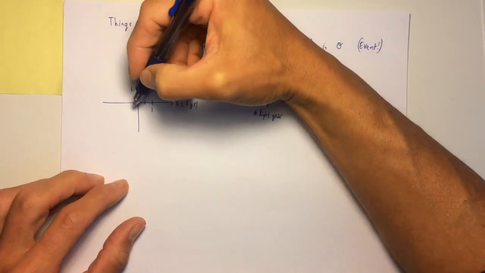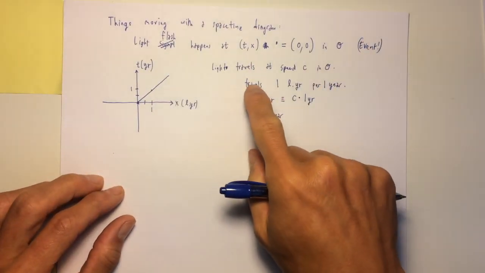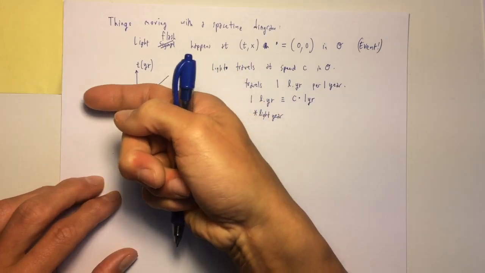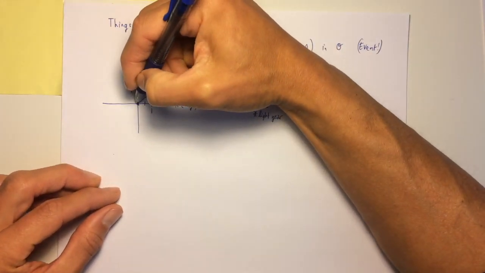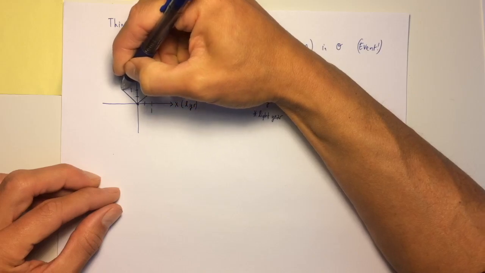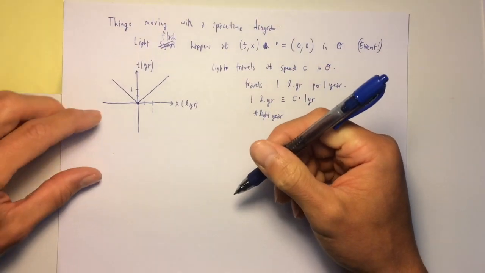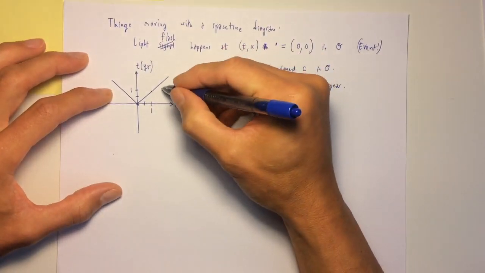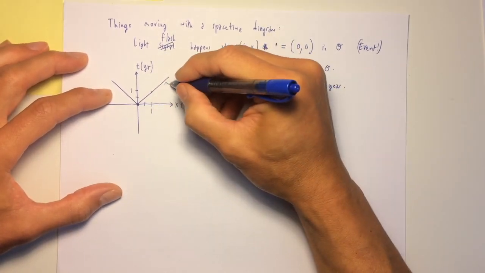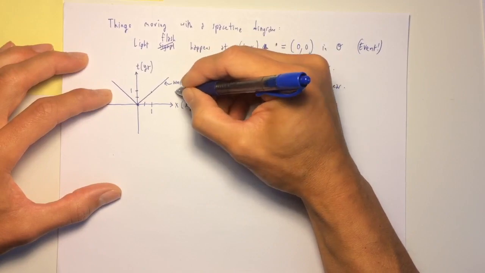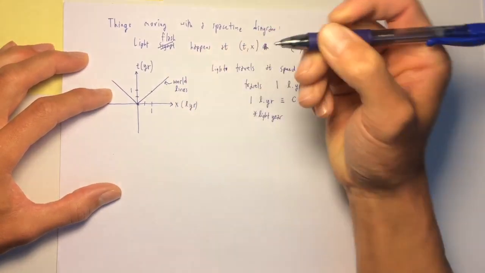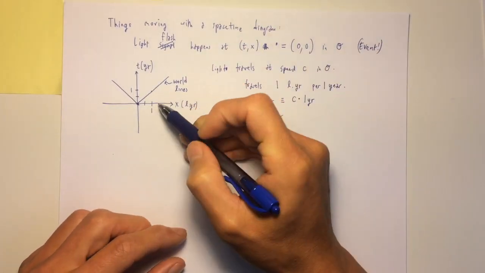And likewise, the light is going to travel 1 light year per year in the negative x direction. So it goes like this. And these lines have a special name. They are called world lines. So this is the world line.